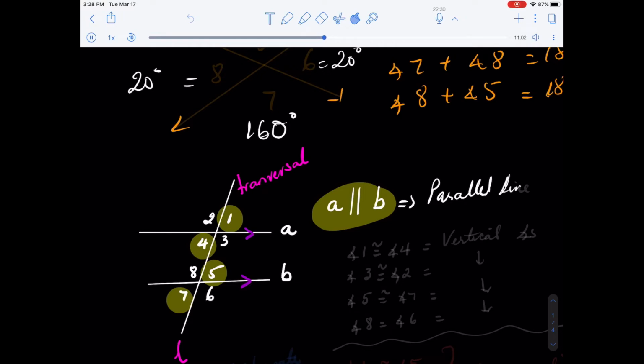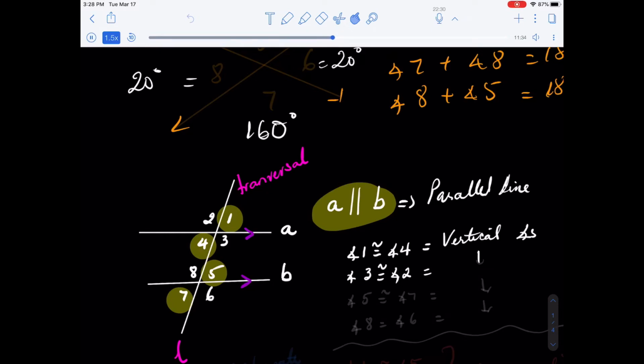What does that mean? Angle 1 is congruent to angle 4, because they're vertical angles, meaning opposite angles, and the measurements are the same. You're going to say angle 3 is congruent to angle 2.